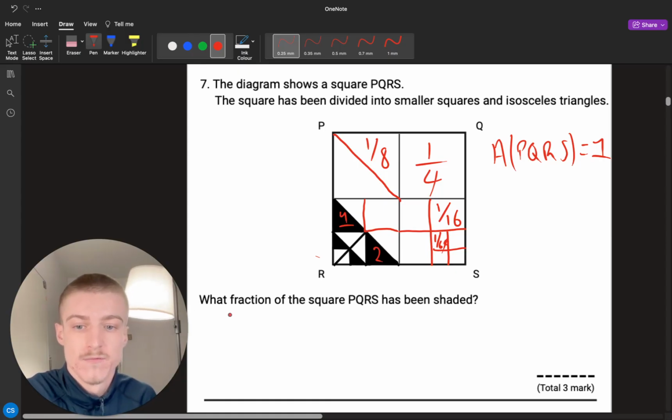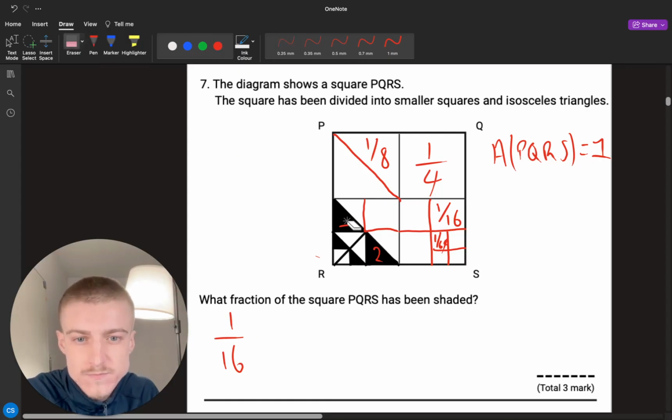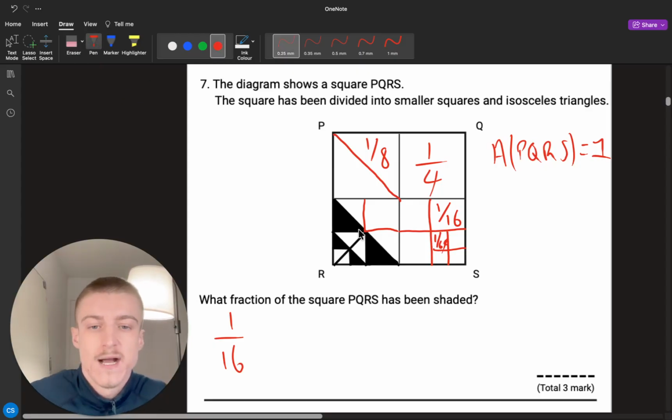So I'm going to make a note of that down here, 1/16. Now zooming in a little bit further, we can see that we're interested in half of 1/16 now. So this region here is going to be 1/32. Okay.